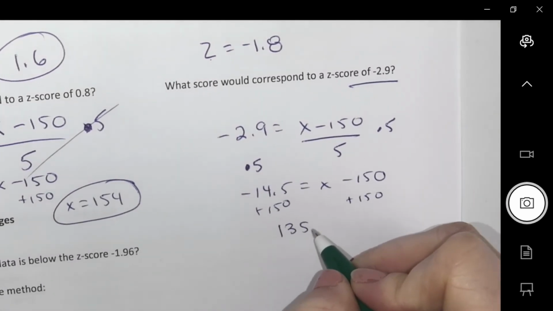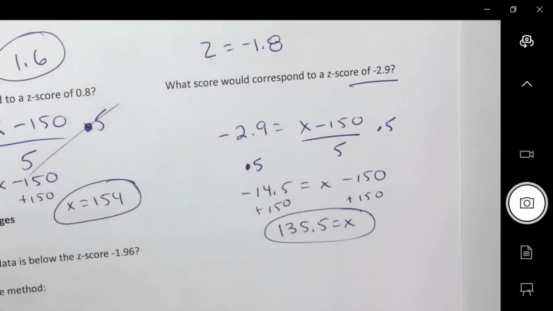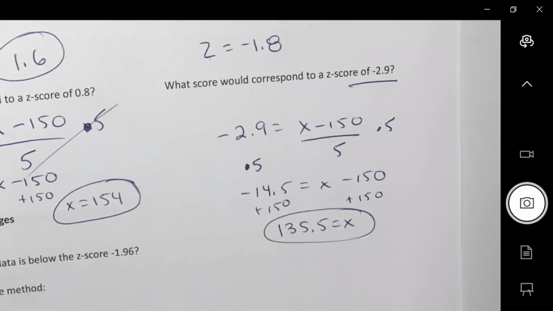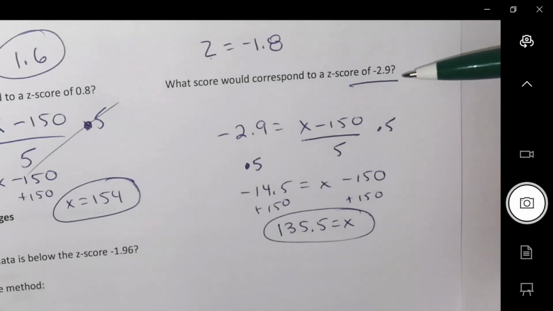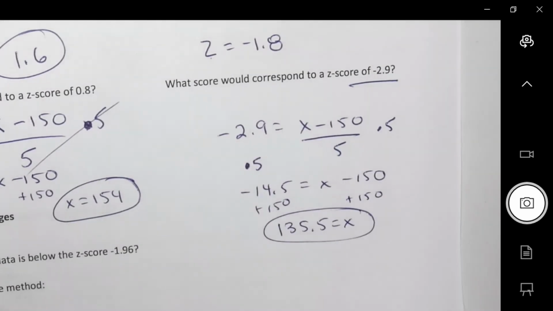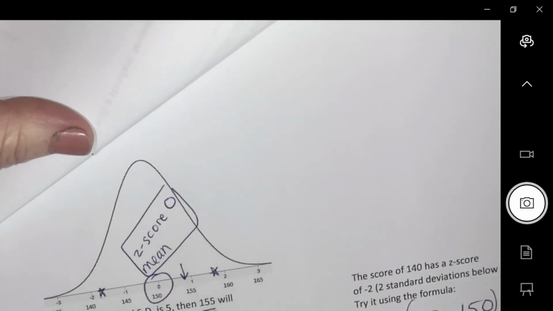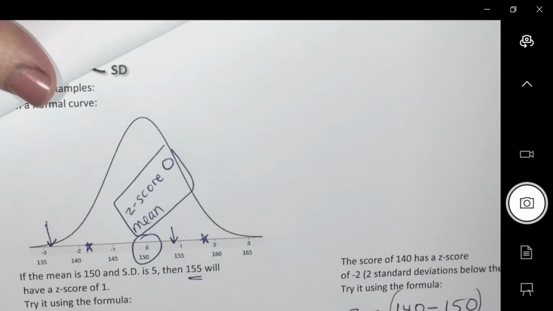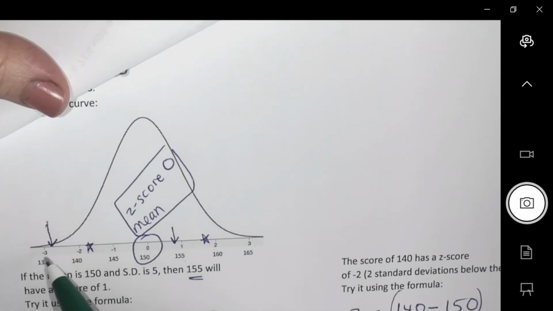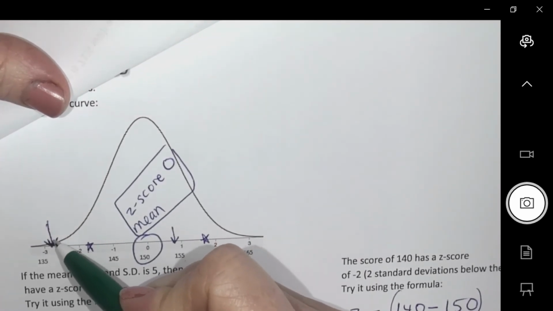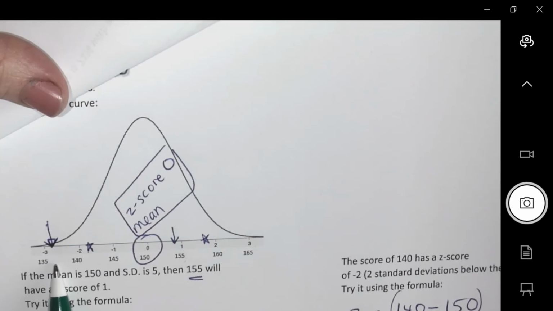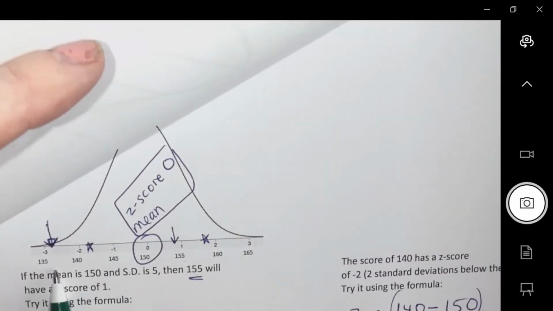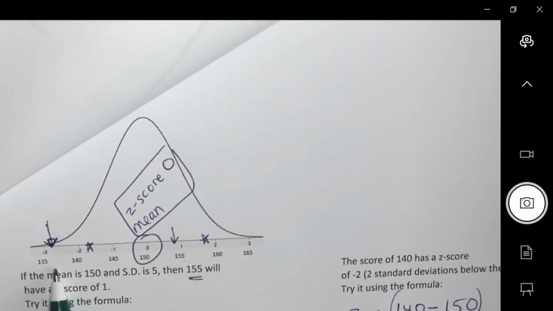So 135.5 would be the score. Okay, and I'm also looking to say, does my answer make sense? So negative 2.9 z would be there, right? Because here's negative 3, so negative 2.9, and my score was 135.5, just bigger.